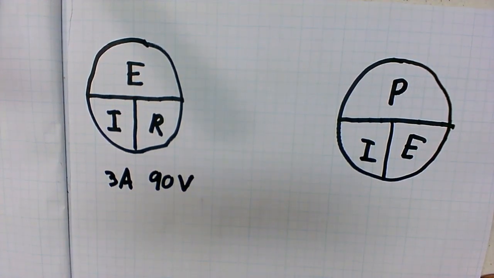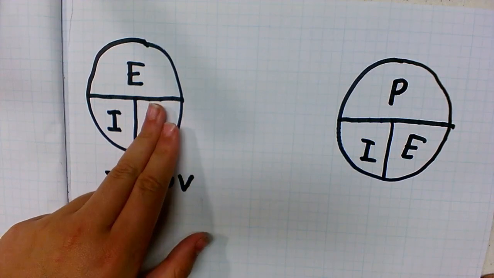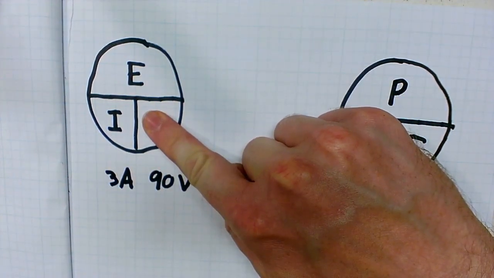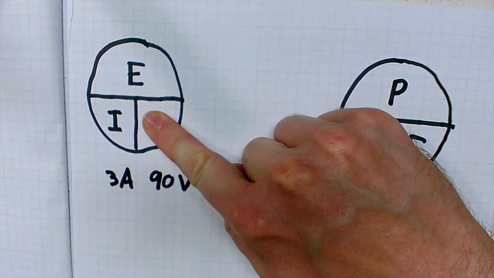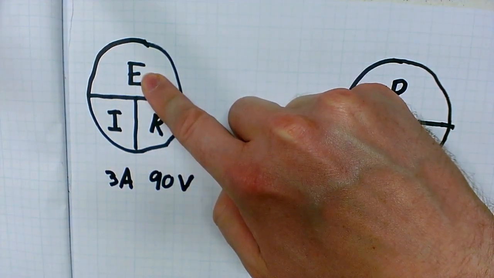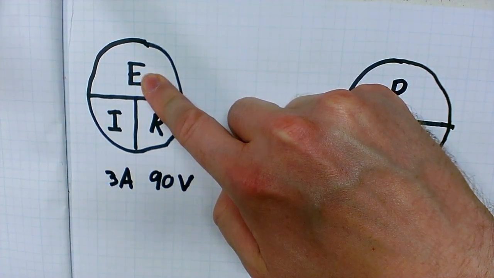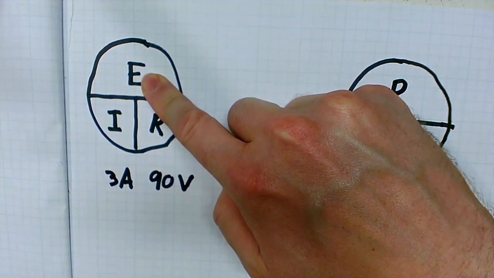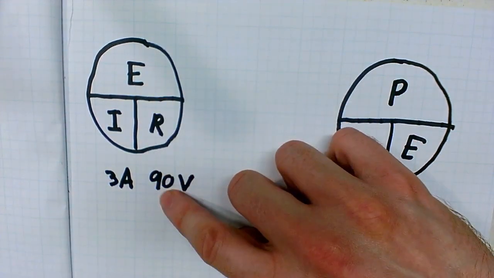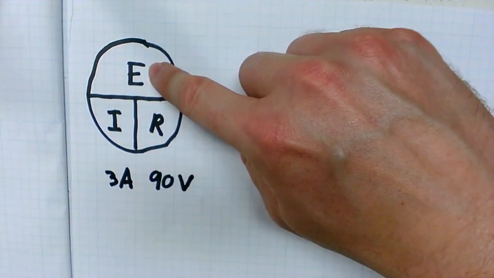So that means we cover up R. If we cover up R, we have E and I left. E, if you remember, is electromotive force, and that is volts. So the volts goes here.